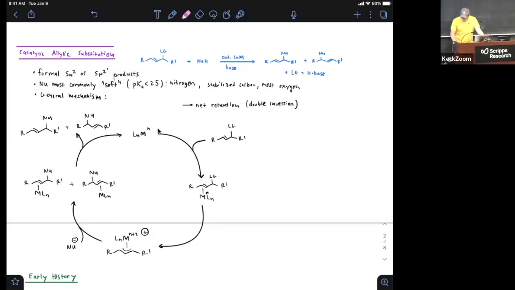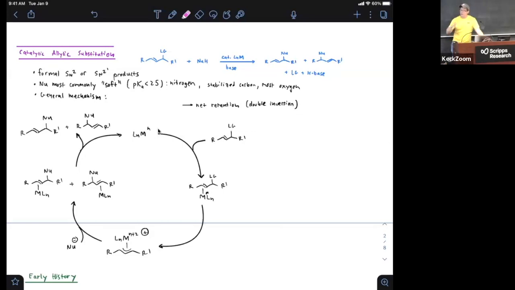The nucleophiles that are most commonly used in classical catalytic allylic substitutions, and we'll talk about some exceptions to this, but classically these are what are called soft nucleophiles. So what do we mean when we say soft? We mean nitrogen-based nucleophiles. We mean stabilized carbon nucleophiles.